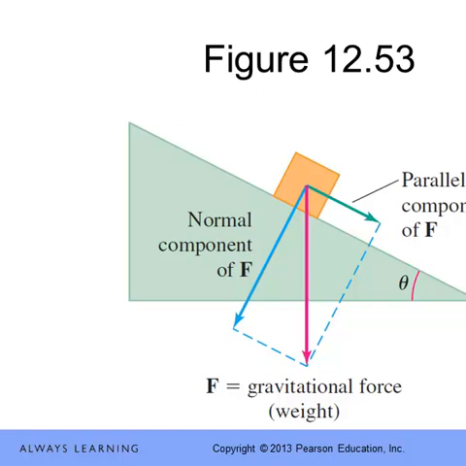So what we could do is resolve the force due to gravity into this normal component and this parallel component. I call it the boat trailer problem, because you can kind of think about it like this.